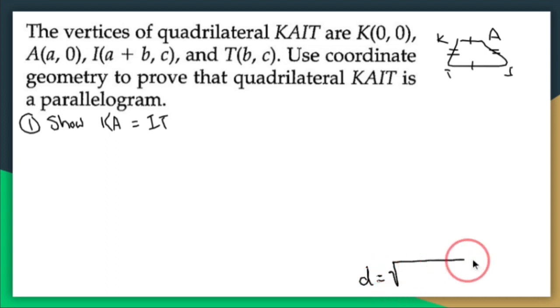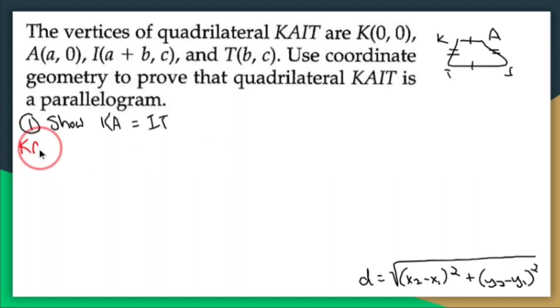The distance formula is the square root of x sub 2 minus x sub 1 squared plus y sub 2 minus y sub 1 squared. If I were looking at KA, we'll do this all in separate parts. KA, I would say that the distance equals, let's let one point be x sub 2, y sub 2, and the other be x sub 1, y sub 1.